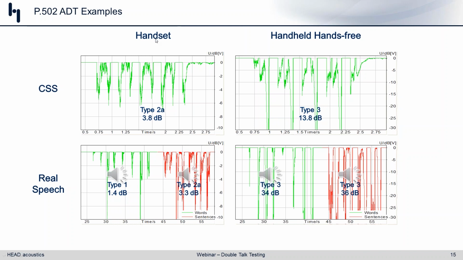Now let's put that very nice performing device in handset mode to handheld hands-free. So it's a mobile phone put out in front of you in speakerphone mode, and you can see scoring it using the CSS method gives you 13.8 dB of peak loss, basically a type 3, not good, not duplexing capable. Now, using real speech, same classification, but you can see that the median attenuation is all of a sudden very, very different.